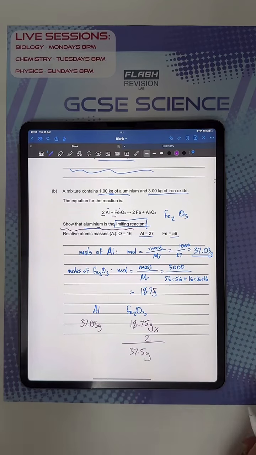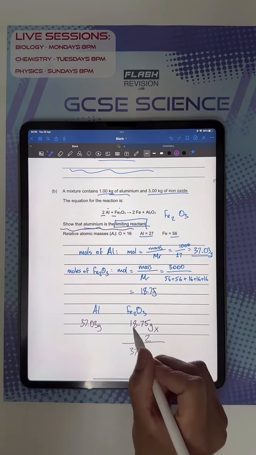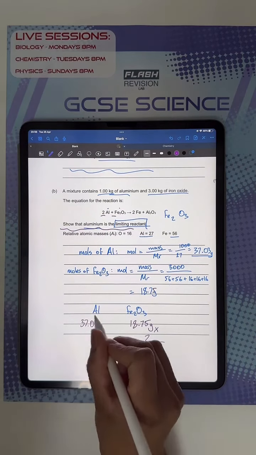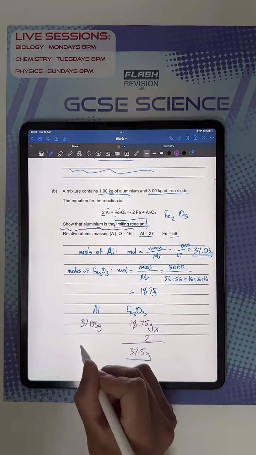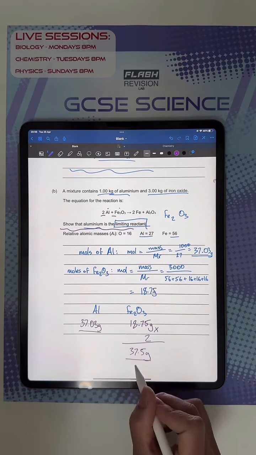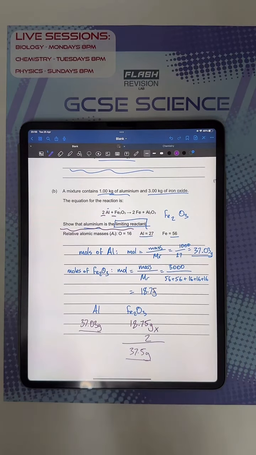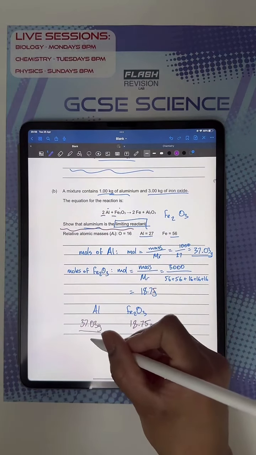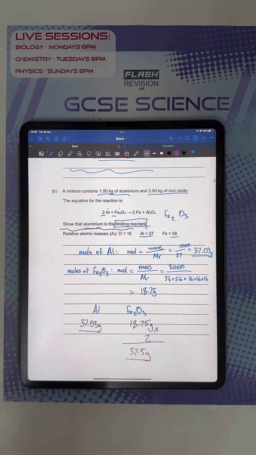So if you had 18.75 moles of Fe2O3, you need 37.5 moles of aluminium for a full reaction. You only have 37.03, so it's slightly lower. That means you don't have enough aluminium for this reaction to fully react, basically.